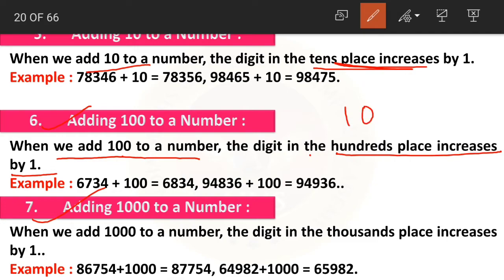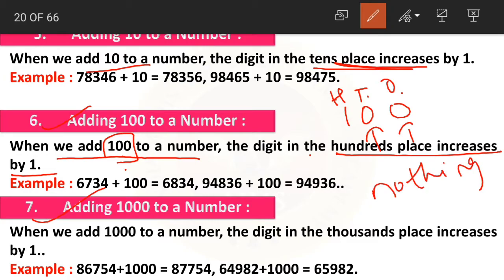Because in the number 100, now we have 3 places. Yes, ones, tens and hundreds. Now in ones and tens we have zeros only. What does 0 mean? 0 means nothing. So whenever we add any number to these zeros, the answer will not change. We will get the same numbers, right?